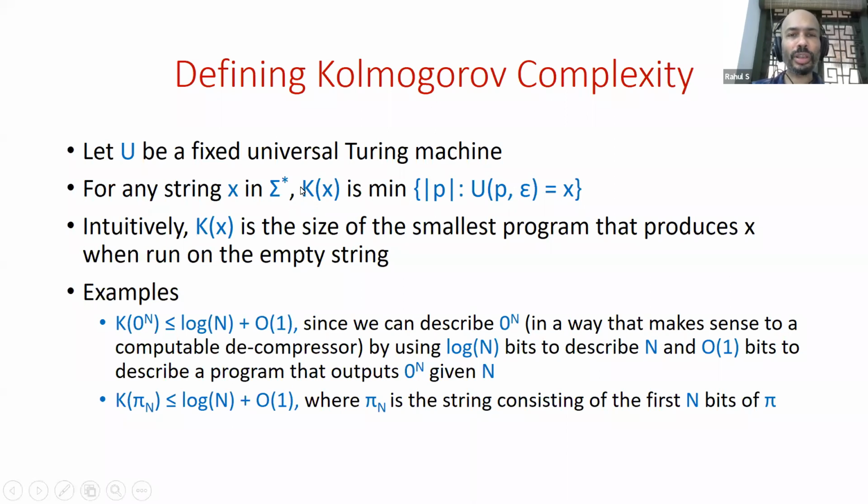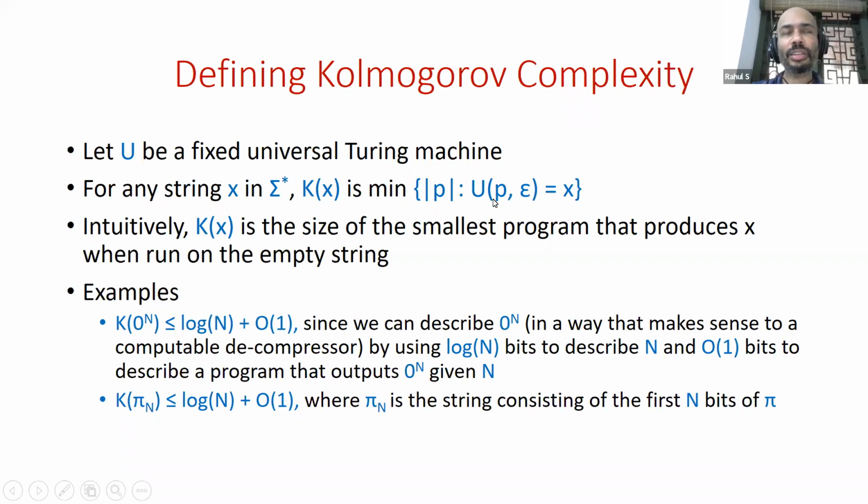And we define this quantity K of X, which is the minimum over all programs P such that U on the program P and the empty string gives X. The universal Turing machine takes two inputs, a program and an input, and it simulates the program with the input and gives you the answer. In this case, the input is empty. Epsilon is just the empty string.